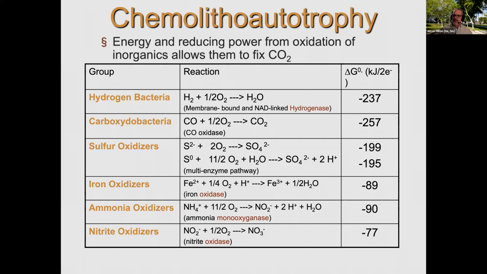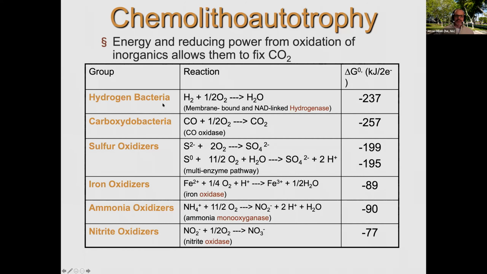These guys have to use rocks or chemicals as their source of electrons, which can be used to reduce CO2, which is a stepwise process where you have to be reducing and adding electrons and hydrogens onto your carbons.